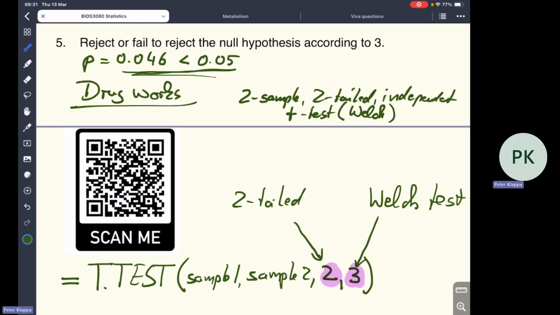Independent means the samples are absolutely independent of each other. Two-sample, two-tailed because of the alternative hypothesis; independent samples are not related in any way to each other. Very common that you will use that. Yeah? It is a decision tool. Does the drug work or not? Yes or no.